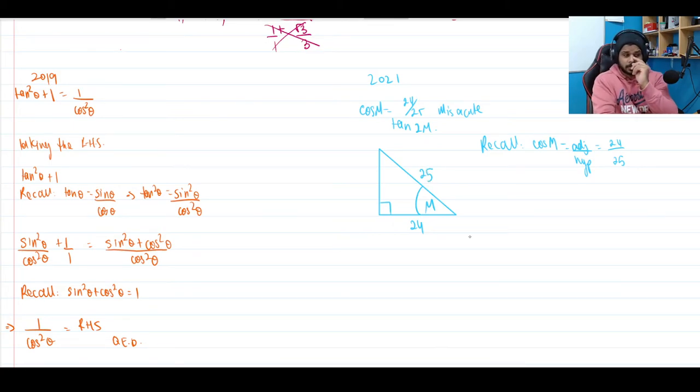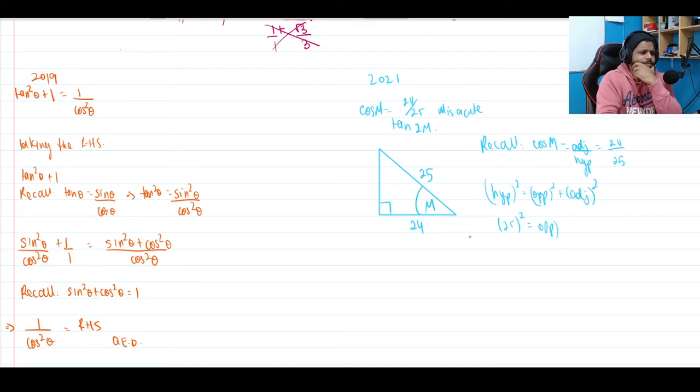I'll use Pythagoras theorem. The hypotenuse squared is the opposite squared plus the adjacent squared. 25 squared is equal to opposite squared plus 24 squared.